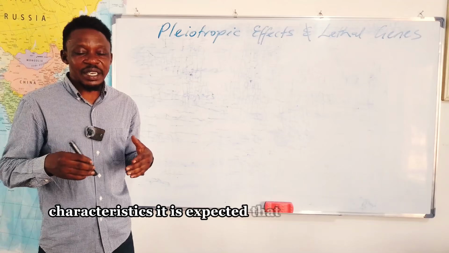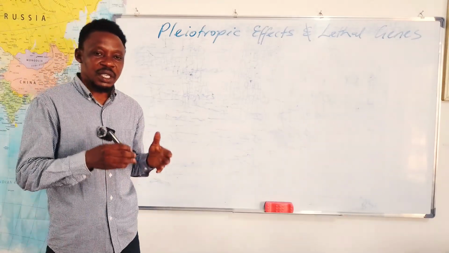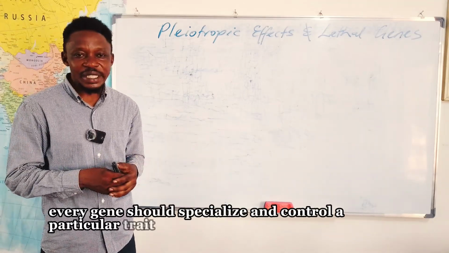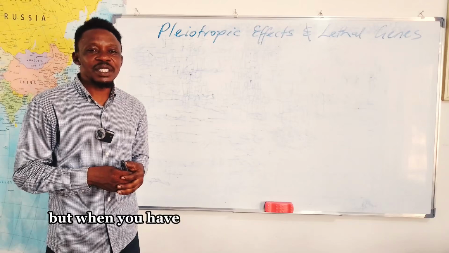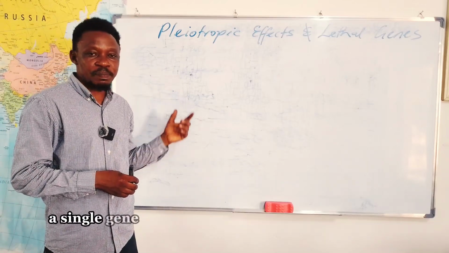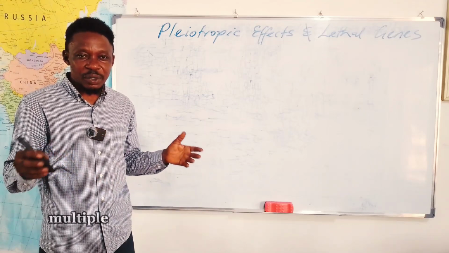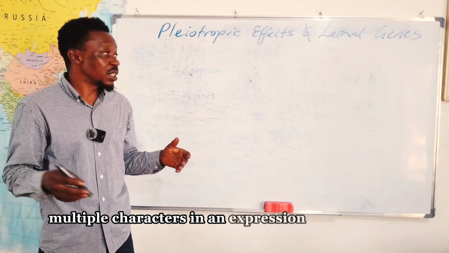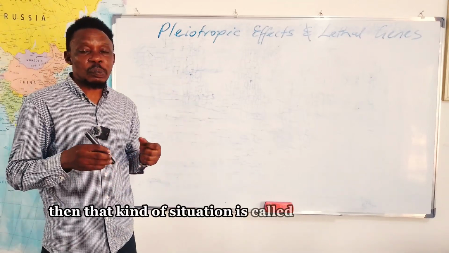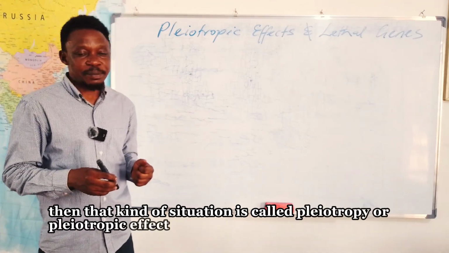It is expected that every gene should have control over a particular character. Every gene should specialize and control a particular trait. But when a single gene controls multiple characters in an expression, then that kind of situation is called pleiotropy or pleiotropic effect.